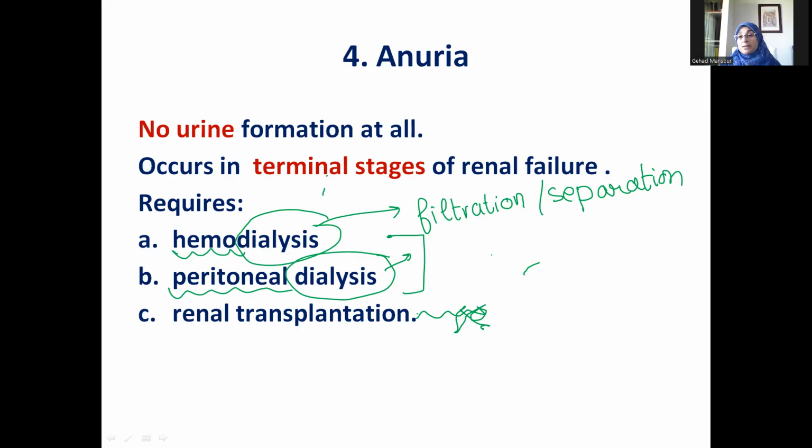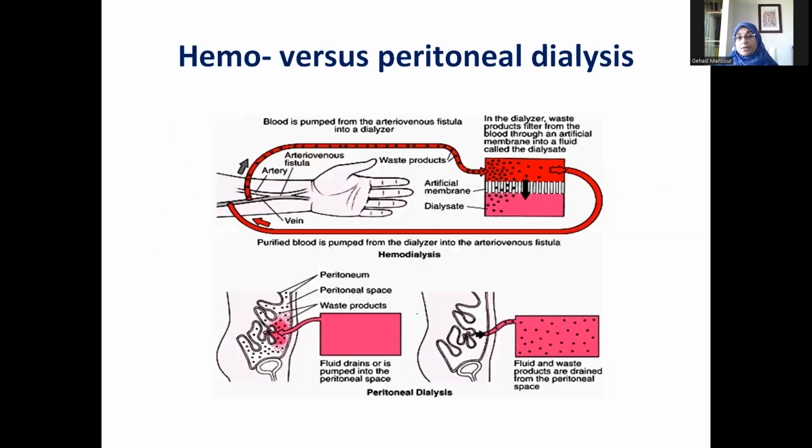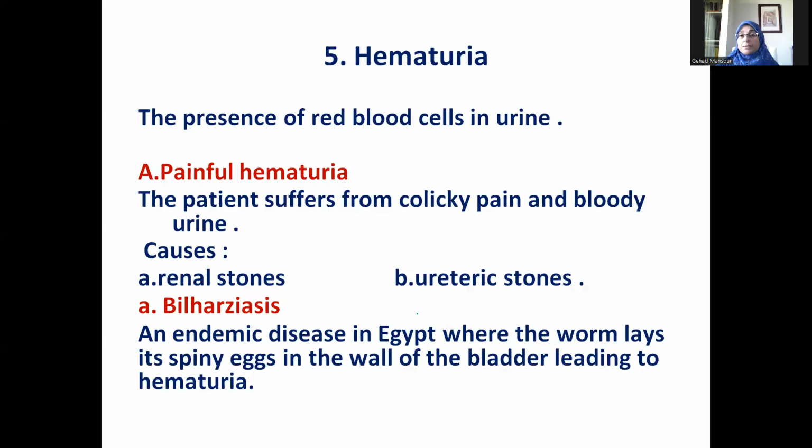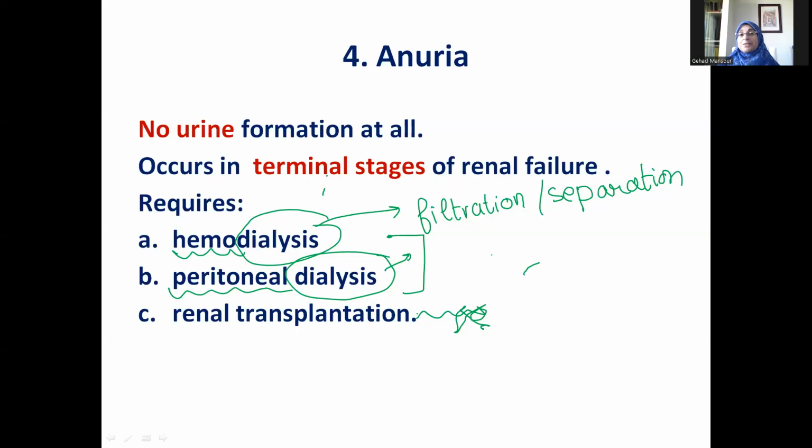Each and every one of these has its own risks and dangers, and renal transplantation is usually resorted to when hemodialysis or peritoneal dialysis are ineffective. Next time, inshallah, we will be discussing hemodialysis, peritoneal dialysis, and the rest of the renal symptoms.